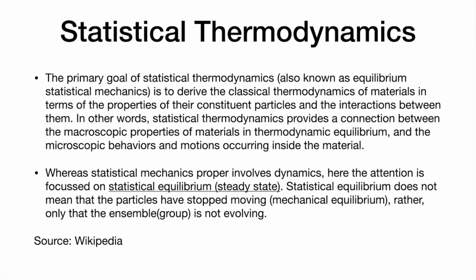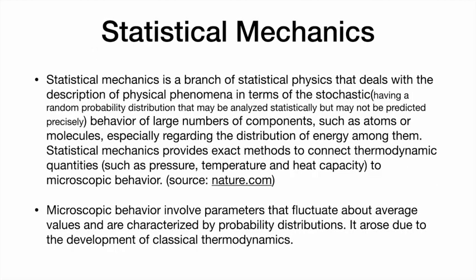Statistical equilibrium does not mean that the particles have stopped moving. That is mechanical equilibrium. The particles are still moving, but the ensemble, the group, is not evolving. We will see the definition of ensemble soon.